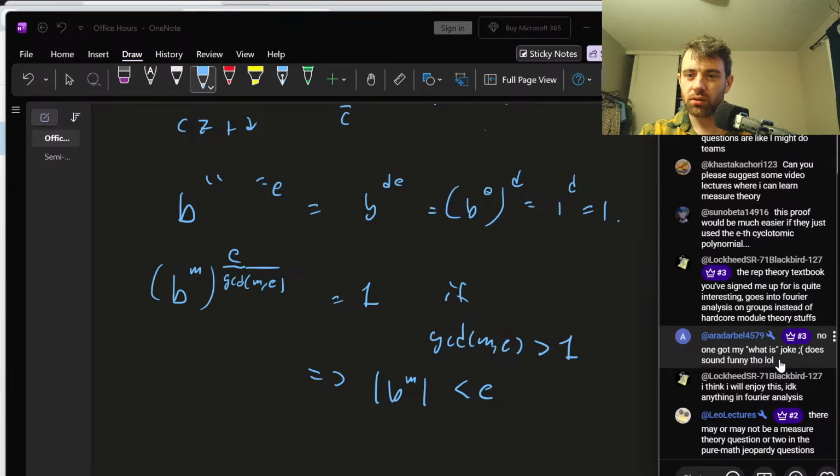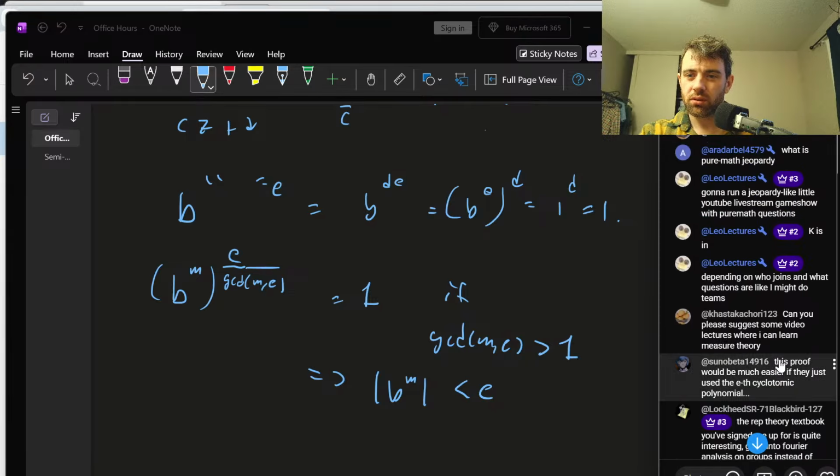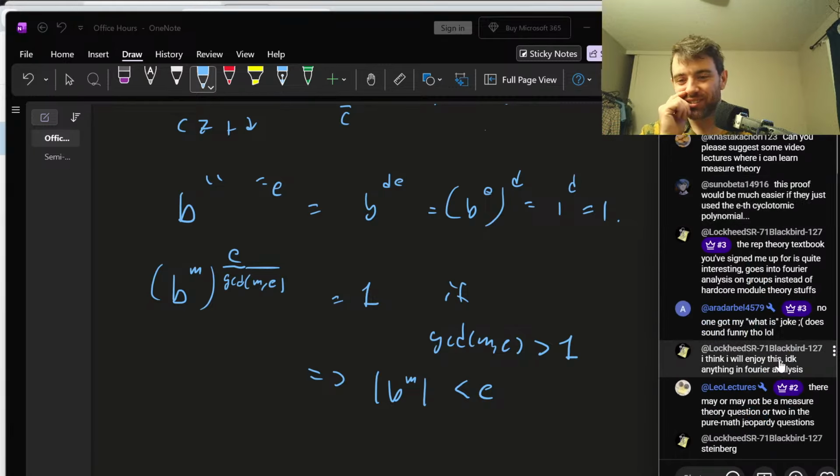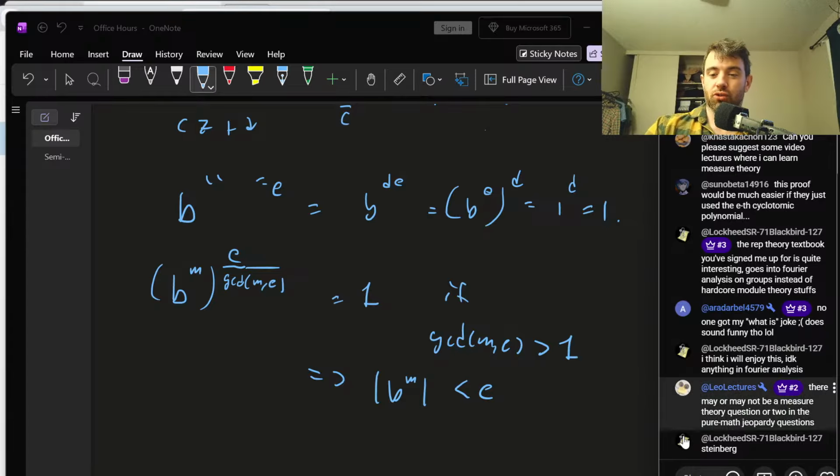Does sound funny though. Very clever, Rod. Totally missed it. There may or may not be a measure theory question or two in the Pure Math Jeopardy questions. Oh, Steinberg, okay, nice. I'm glad you're enjoying Steinberg. Yeah, the Fourier analysis stuff is important.